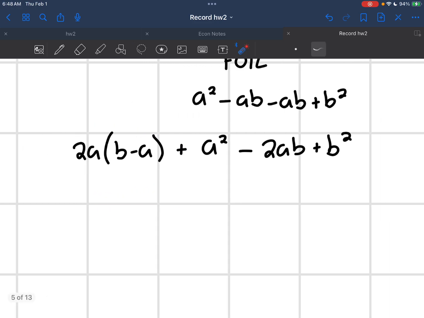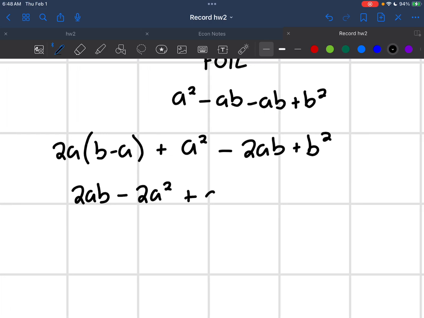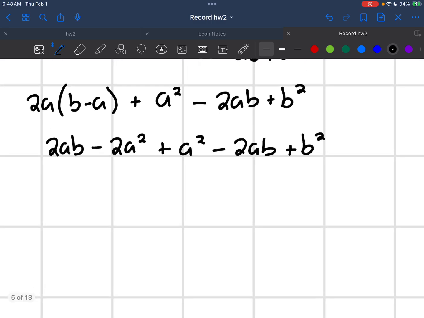So the next thing I want to do is open up these parentheses. I'm going to do that by distributing my 2a to each of the terms. So I'll get 2a times b, so 2ab, and then 2a times a, so that'll be minus 2a squared. And again, I'm just going to carry down all those other terms, plus b squared.